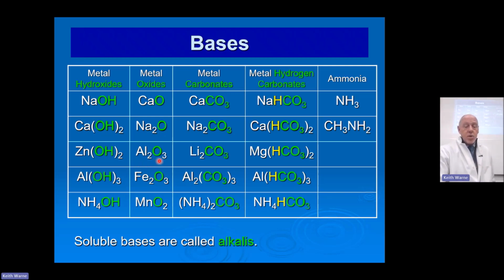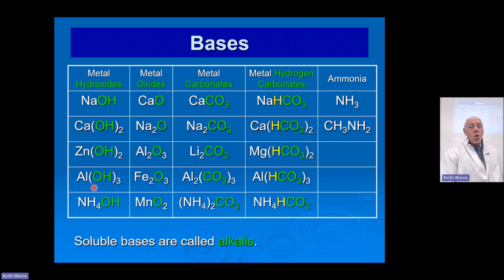If you want to make a note of this somewhere, it's good knowledge to have. Aluminium oxide is not soluble. I don't think calcium oxide might be slightly soluble, but a lot of the oxides are not soluble. Most of the hydroxides are soluble, but there's 1 or 2 of them that aren't. So manganese oxide isn't very soluble. And magnesium oxide is not soluble.